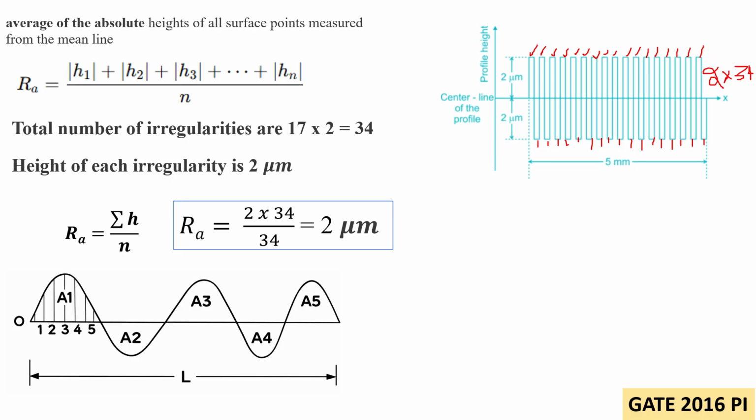So the summation of all these 34 heights will become 2 into 34, and the number of irregularities is 17 plus 17, that is 34. So Ra value equals 2 into 34 divided by 34. The 34 will cancel. Then Ra value is 2 microns. So our answer is Ra equal to 2 microns.